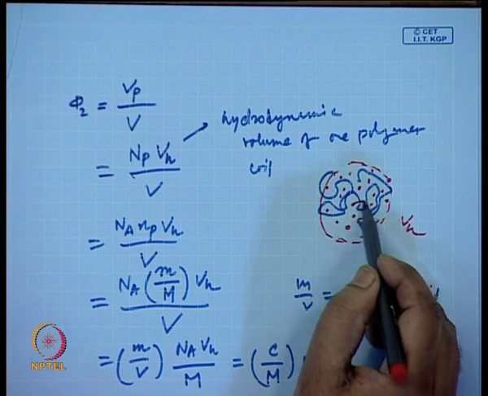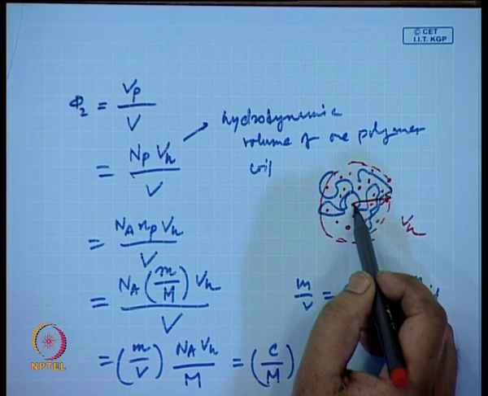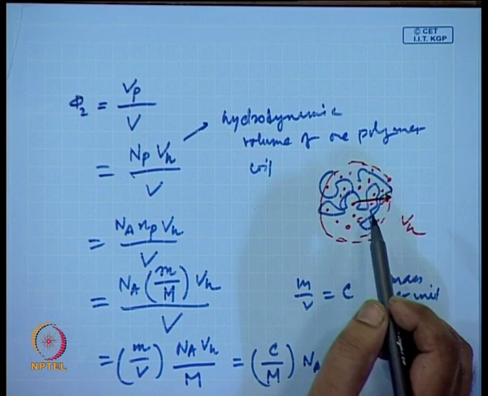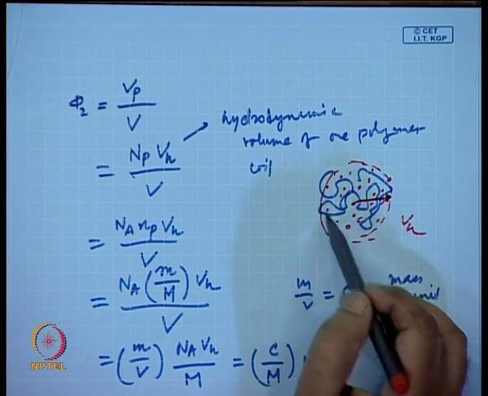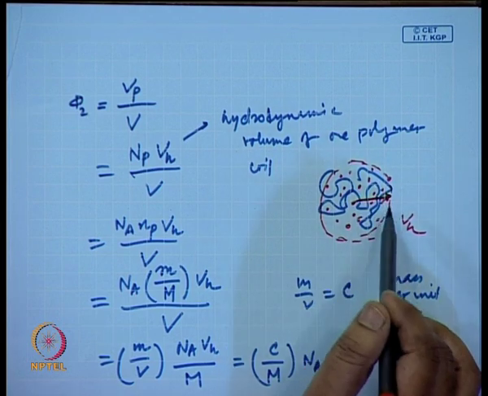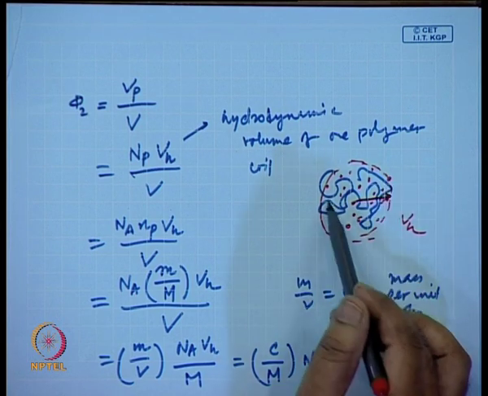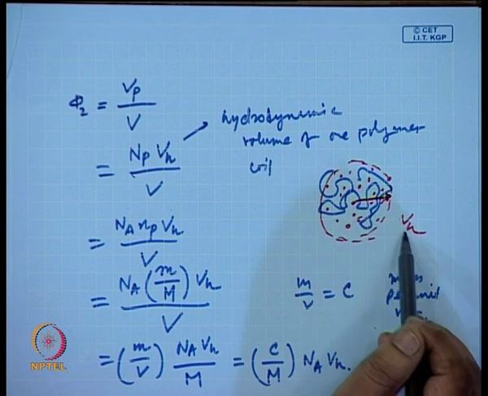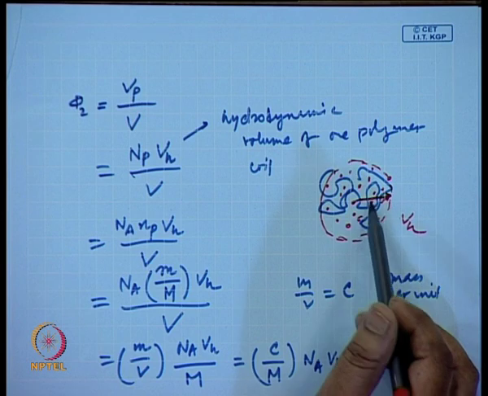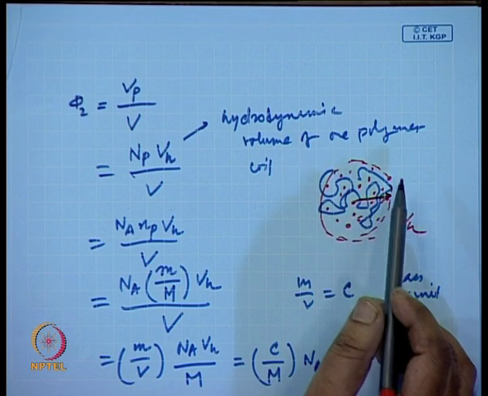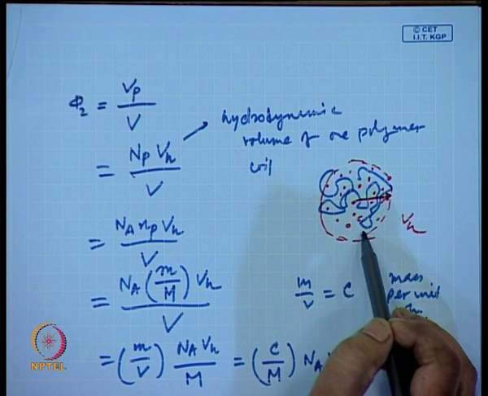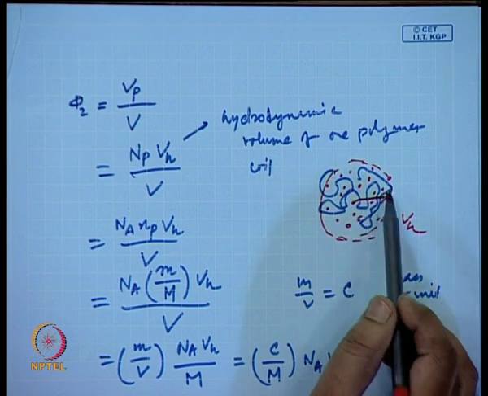Now, remember we discussed the radius of gyration. We discussed that the radius of gyration is almost like the radius of that sphere. So, this radius of gyration would be proportional to the actual radius of this hydrodynamic polymer coil.